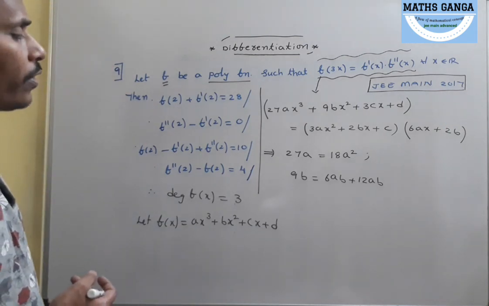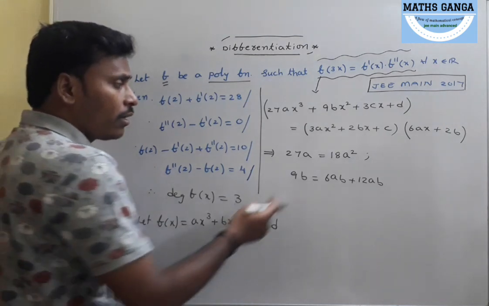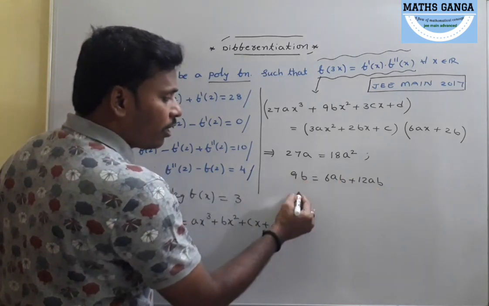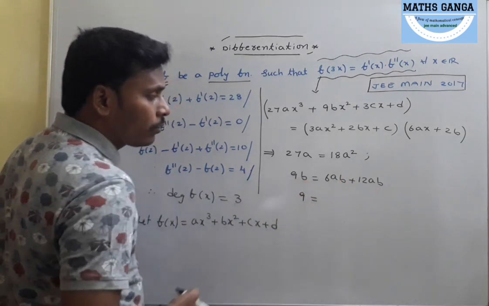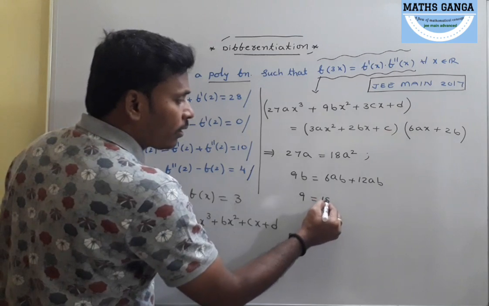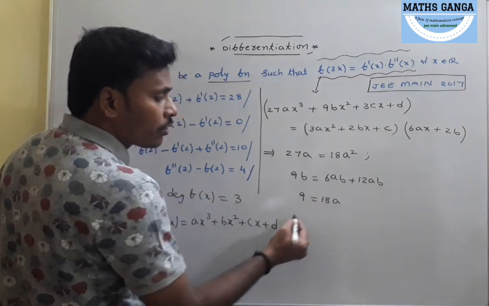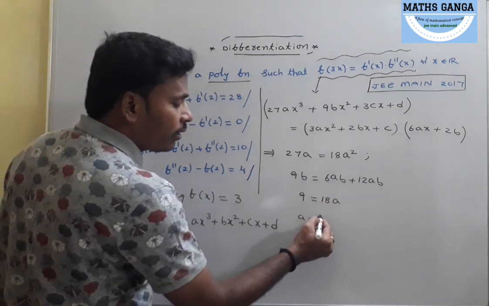From there also we have a chance to calculate a again. If you remove this b from the second relation, 9 is equal to 18a, right? So a is equal to 9 by 18.